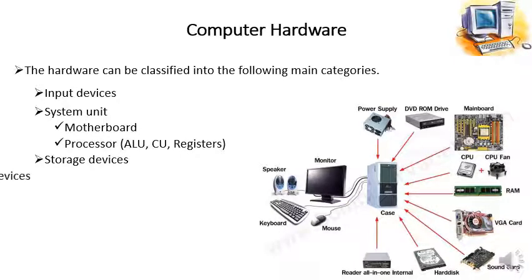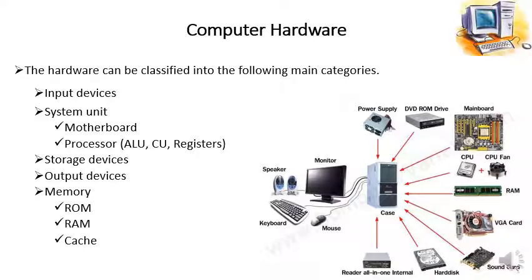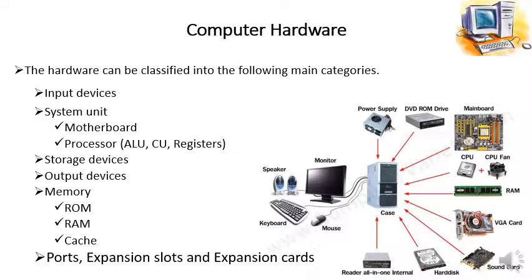Then we studied storage devices, output devices, and in the last lesson we were discussing the memory and its types, that is ROM, RAM and cache memory. In today's lesson we will talk about the ports, expansion slots and expansion cards.